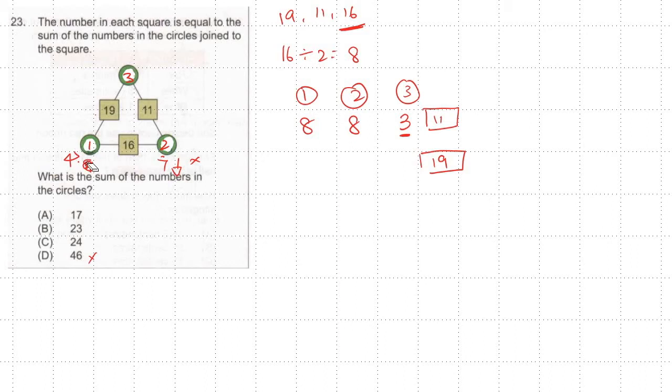And if this one is 9, 7 add what? 11, 7, 8, 9, 10, 11, add 4. Okay, am I right to say that? 7 add 4 to become 11. Okay. And then 9 add 4. Would I have 19? 9 add 4 will give me 13 only. So this is wrong again.